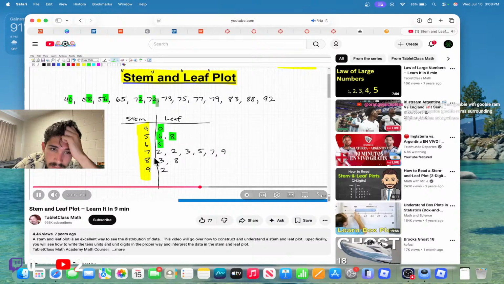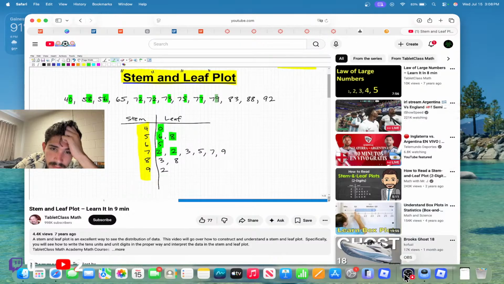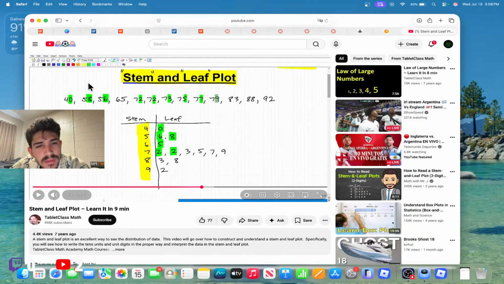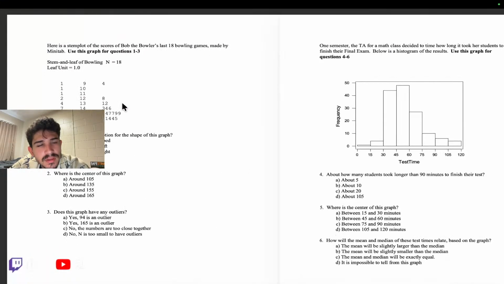And then I have 72, 72, so I got to write both twos, 3, 5, 7. Oh, okay, hold on. So one, 2, 3, 4, 5, 6, 7, 8, 9, 10, 11, 12, 13, 14, 15, 16, 17, 18.